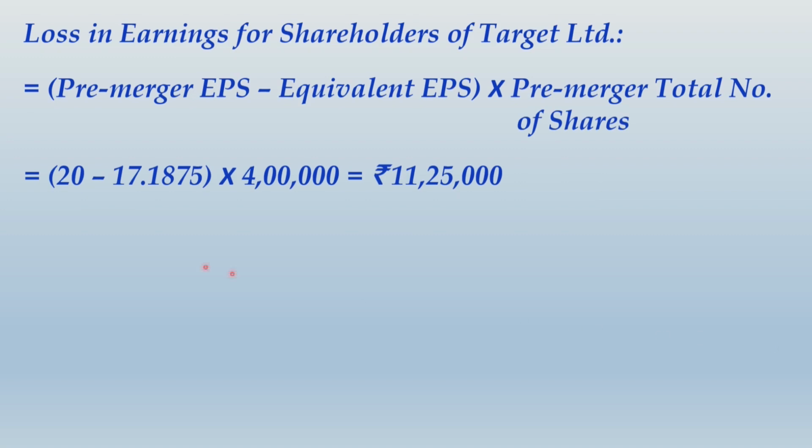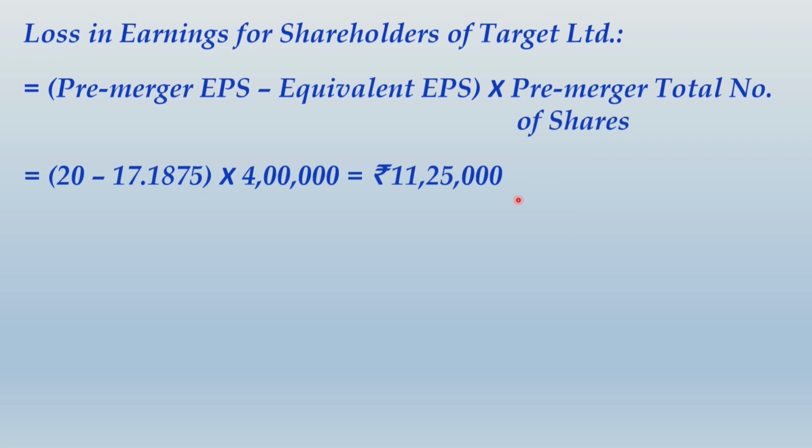To be more specific, the equivalent EPS for the shareholders of Target Limited is 17.1875. So there is a loss of earnings per share, and multiplied by the pre-merger number of shares, 11,25,000 is the loss of earnings for the shareholders of Target Limited.